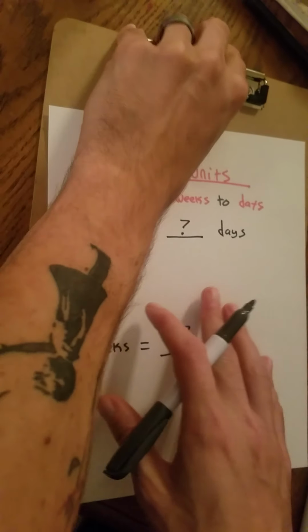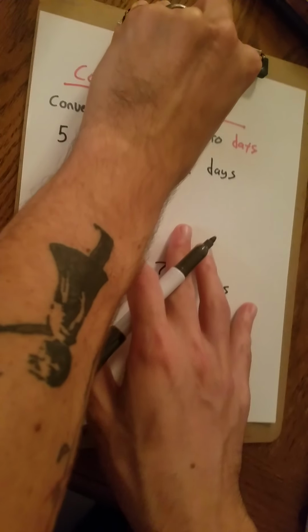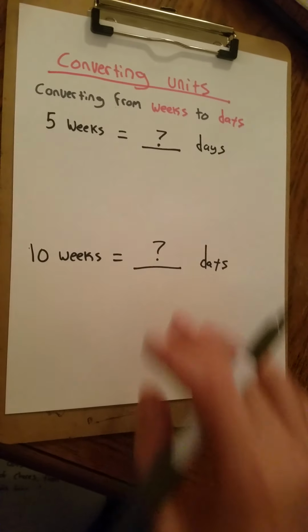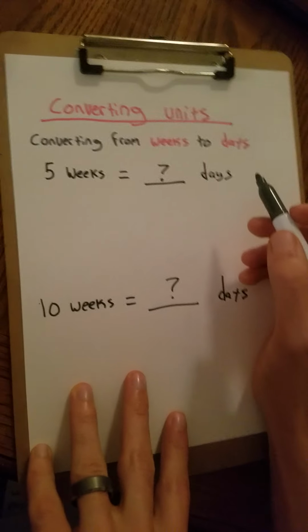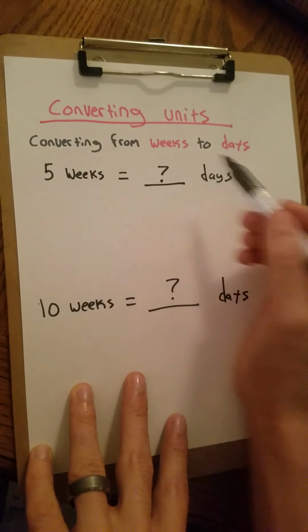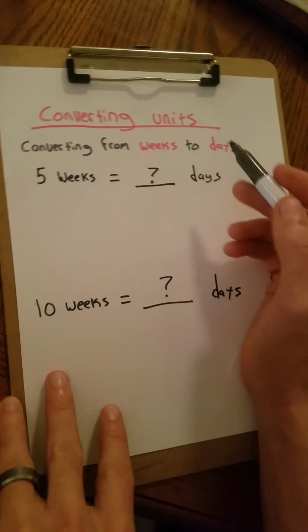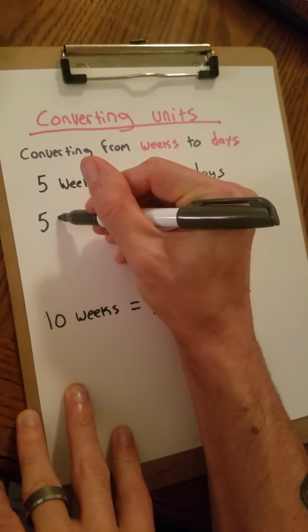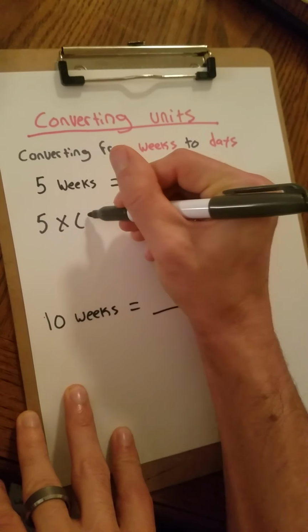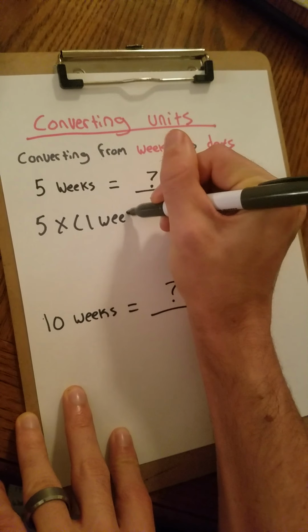Let's try again using a different unit. We'll now convert weeks to days, and then we'll try a word problem. I'm going to do the same exact thing that I did with hours. I'm going to rewrite 5 weeks as 5 times 1 week.